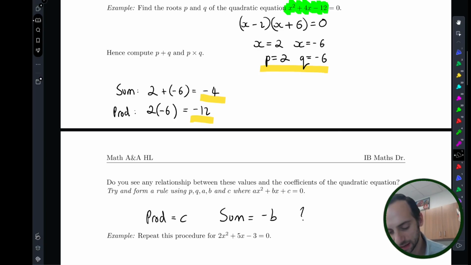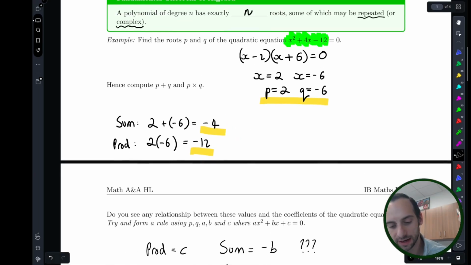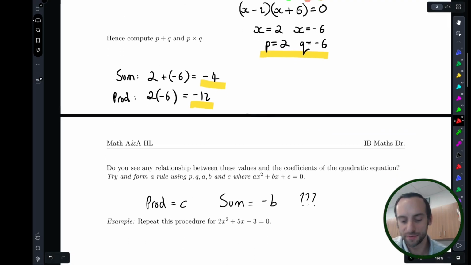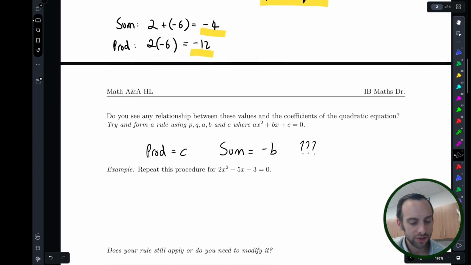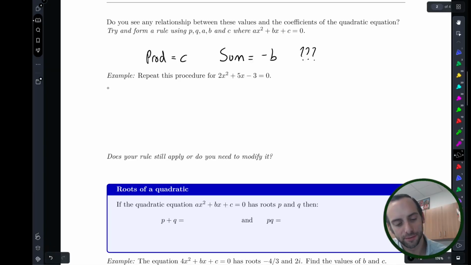This is what we might conjecture or hypothesize, given that we had negative 4 for the sum, and that was the second coefficient in our polynomial, and negative 12 was the last coefficient. So that's what we would conjecture, and let's see if that's true by repeating that procedure on a different polynomial.